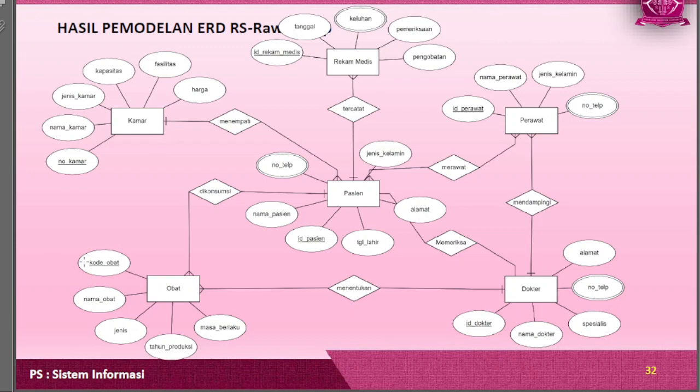That's why we call it the primary key, because every single medicine has a code, the name, and kind of medicine, and for example the expiry date and the year of production. Okay, so here the relation is consumption by the patient.